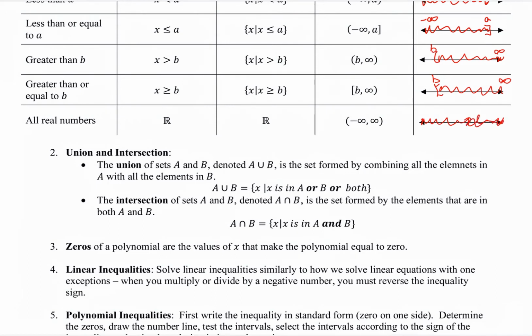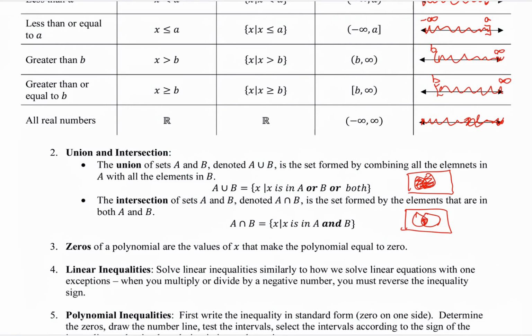Now, a union means that I'm going to include both sections. I'm going to do this kind of in a Venn diagram. So a union would be both this region and this region. And an intersection would be the middle part.